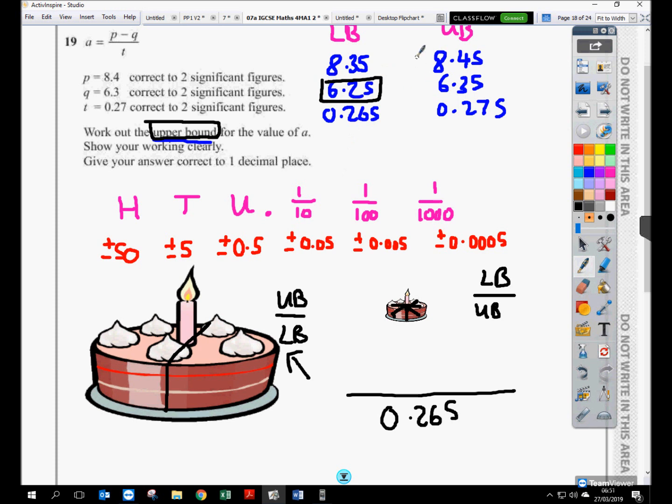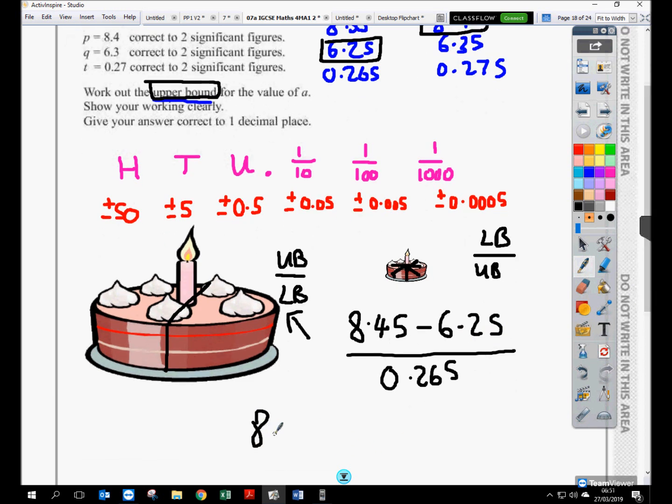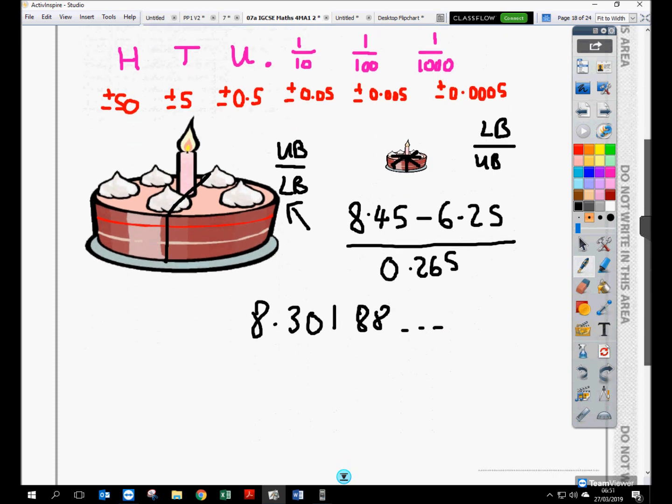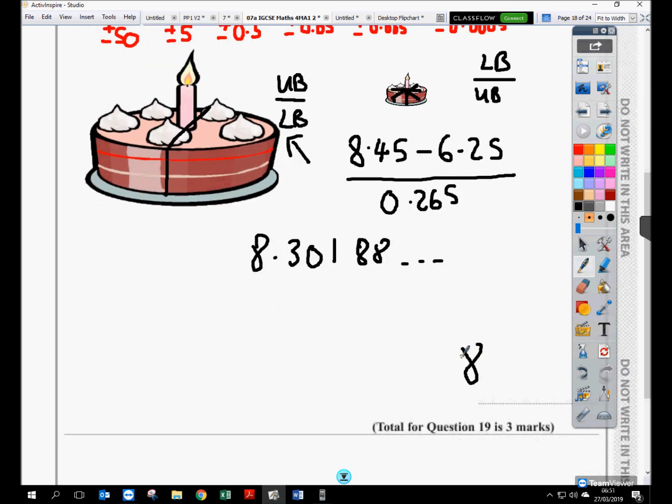So if you use the smallest value of q but the largest value of p, that creates the largest gap between them: the upper bound, 8.45, take away 6.25. Type this into the calculator, and we end up with an answer of 8.30188667, etc. Give your answer to 1 decimal place, so it's 8.3.